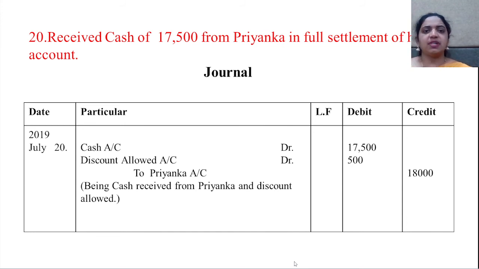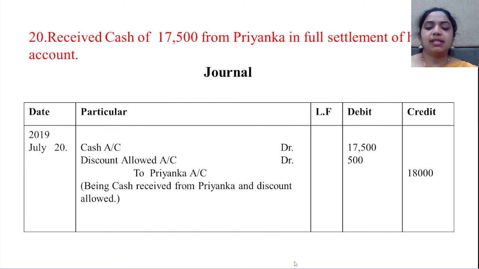You see the difference, the 500 rupees, which is the discount allowed. Discount allowed account debit 500 to Priyanka account 18,000. Got it everyone? Remember, always when it is given in full settlement of account, you have to check above where Priyanka's name is there or where it is connected. The narration for this is being cash received from Priyanka and discount allowed.